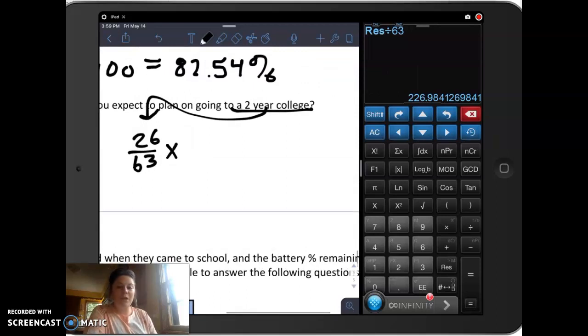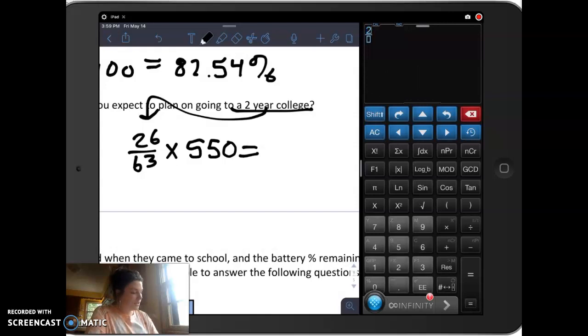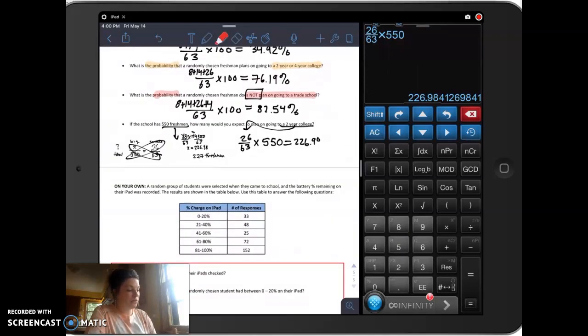And then instead of multiplying by 100, which would give you a percent, you're going to multiply by our total, which is going to give you out of 550. So this is just a little trick to save you some time. You can always solve the proportion if you would like, or you can get the same answer by setting it up with a 550 instead of a 100.